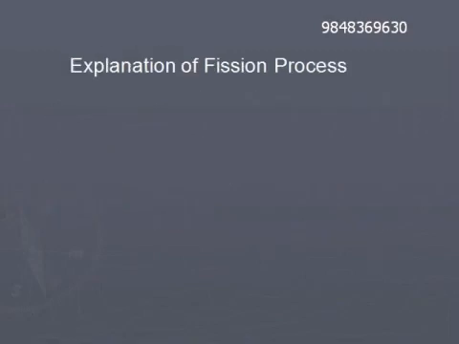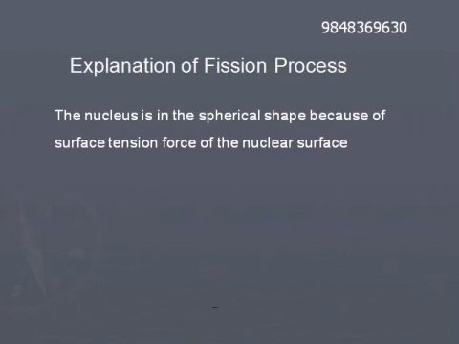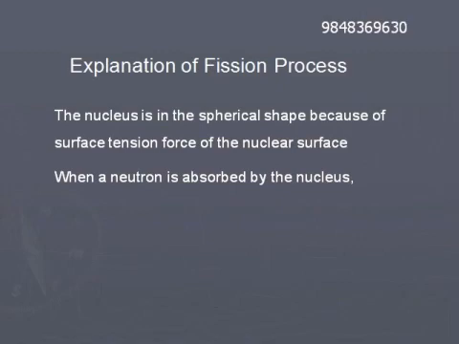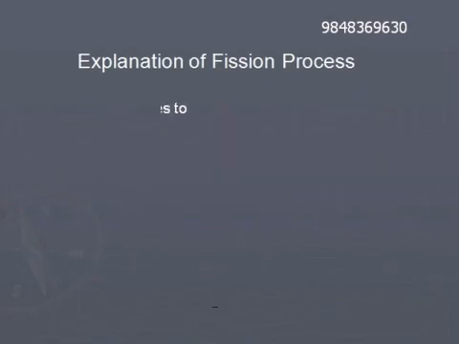Explanation of the fission process. Now let us explain how the fission process takes place. The nucleus is spherical in shape because of surface tension forces. When a neutron is absorbed by the nucleus, excitation energy is imparted to the nucleus.